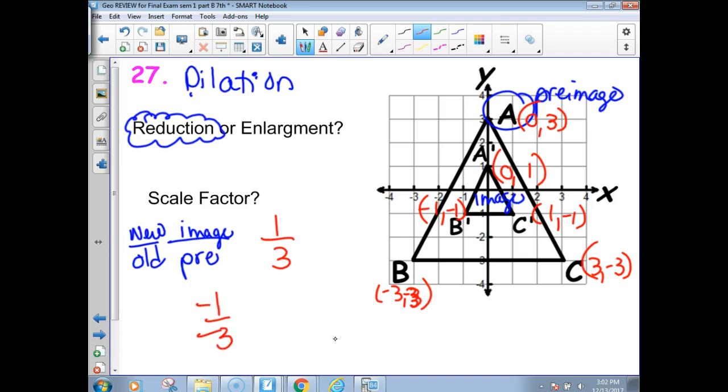Any of those compared gives you 1/3 for the scale factor. If it had been an enlargement and the primes were on here as opposed to here, it would have been a scale factor of 3 times. You multiply the points by the scale factor. So if you were going to multiply 1/3 times -3, you would get -1, -1, like dividing by 3.